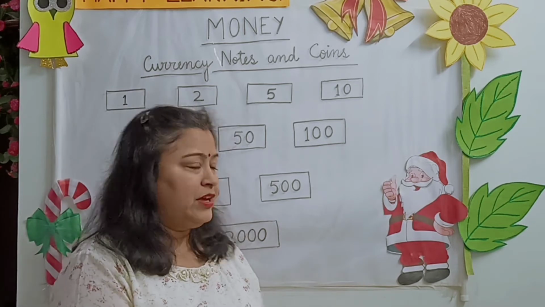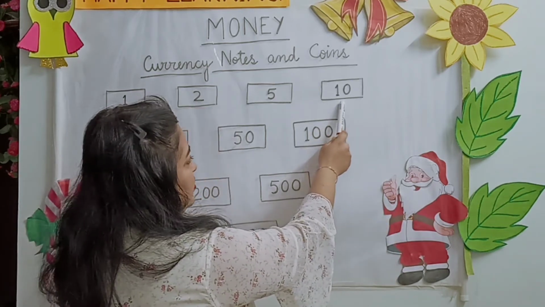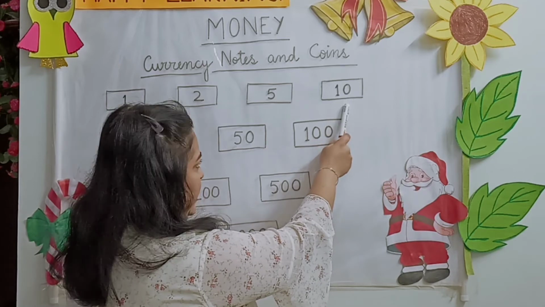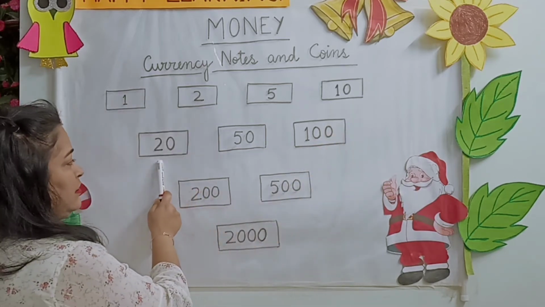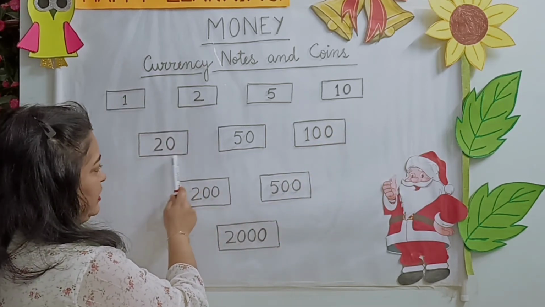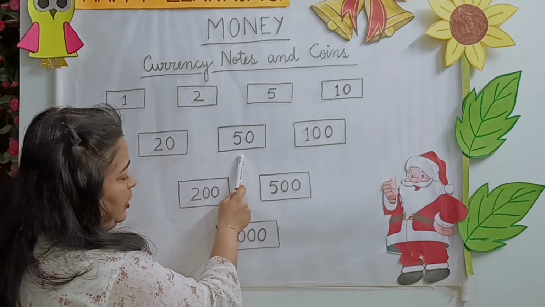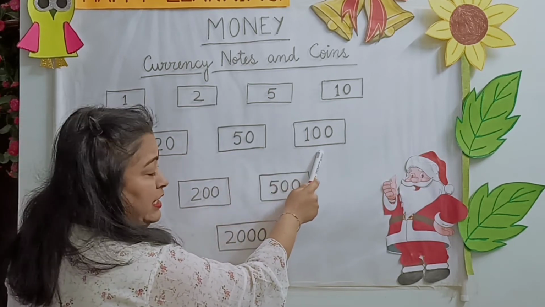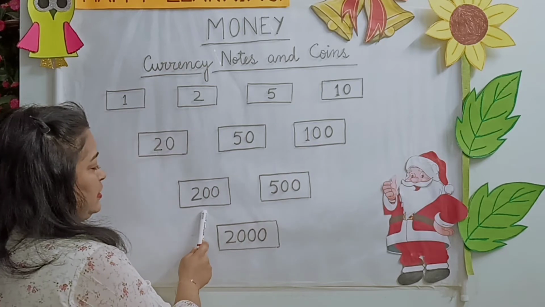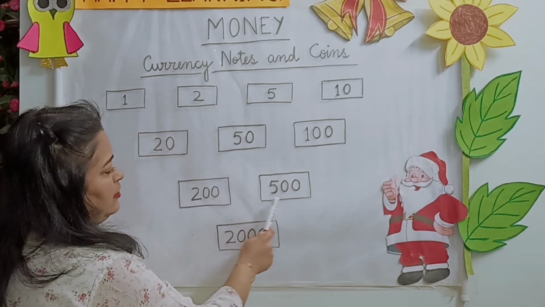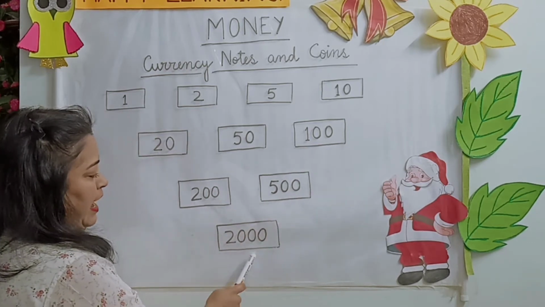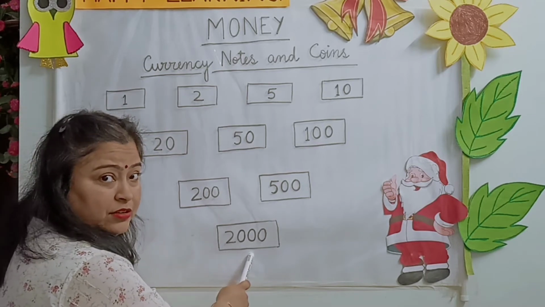We have a currency note of 10, then a currency note of 20, then a 50 rupee note, then a 100 rupee note, then a 200 rupee note, a 500 rupee note and a 2000 rupee note.